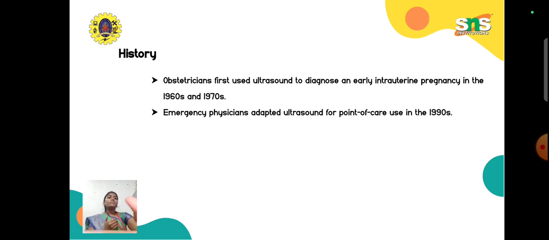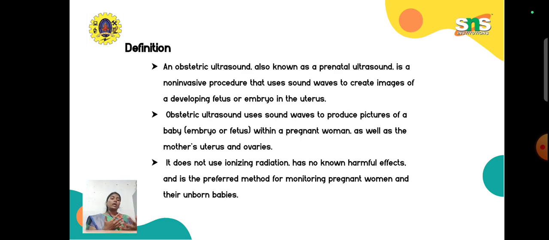So let's see what the other applications are. Ultrasound used in the obstetric field is called obstetric ultrasound, or prenatal ultrasound, because this is a beautiful, non-invasive procedure that uses sound waves to create images of the developing fetus, or the embryo's development in the uterus.